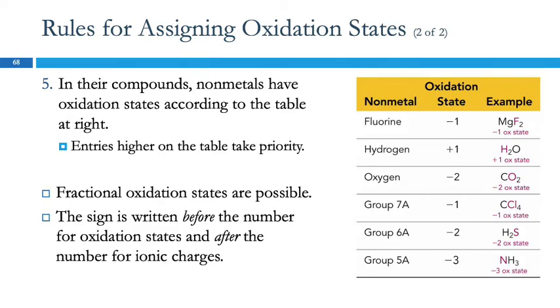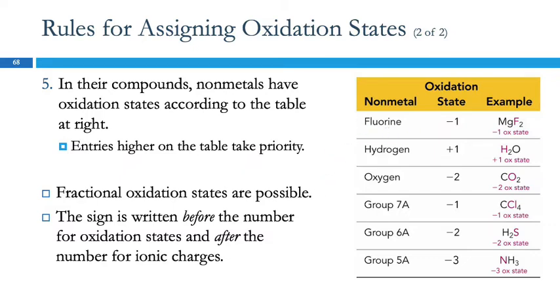The tricky part is when you have nonmetals, like H2O. Well, you don't have ions, so how do you decide what the oxidation states are? We're going to use this table. Okay, so we've got fluorine, hydrogen, oxygen, 7, 6, 5.